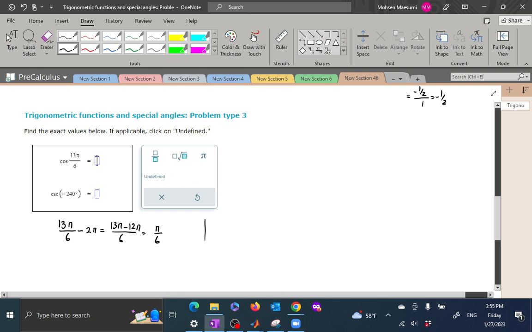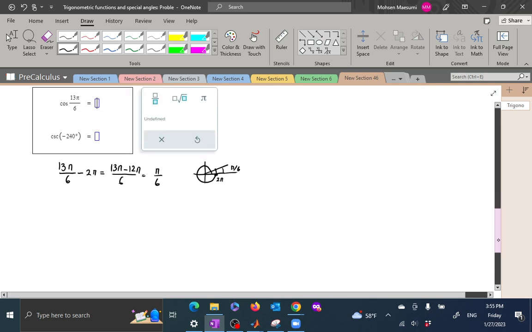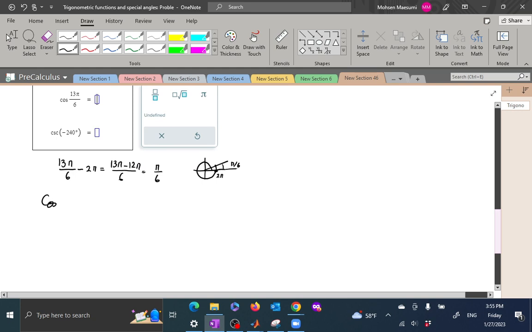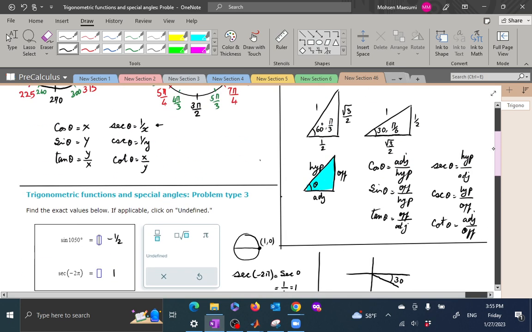What does that mean? It means that I have gone around the circle, which is 2 pi, and then I go an extra pi over 6. So up to here I had gone through an angle of 2 pi, and then I am going an extra pi over 6. So that's where I am at. So cosine of 13 pi over 6 is same as cosine of pi over 6. Well, cosine of pi over 6 must be memorized by now.